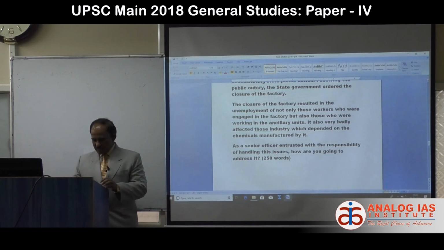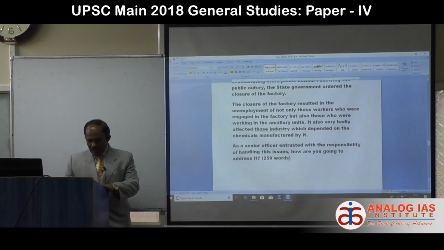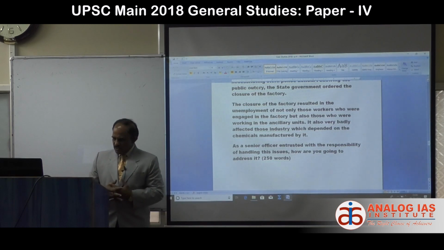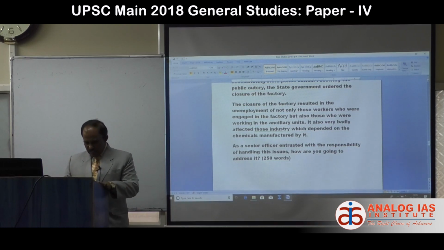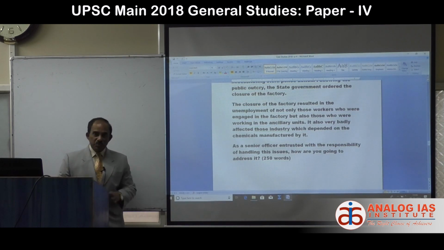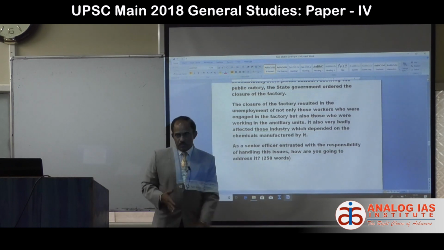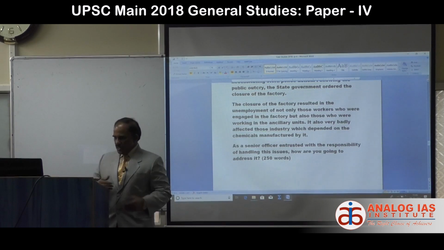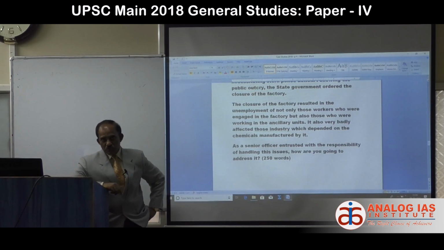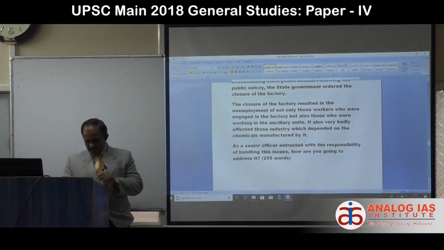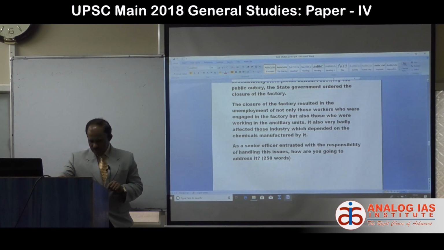The second is it is to be studied whether it has violated the National Green Tribunal orders. Because there are many issues that have already happened, now you have to study whether it has violated the norms of the National Green Tribunal.